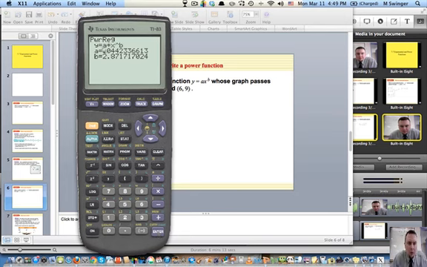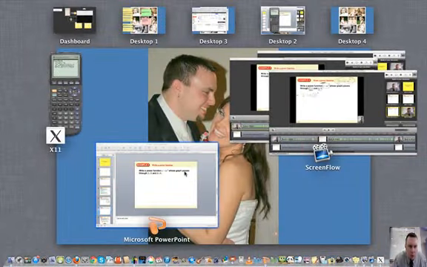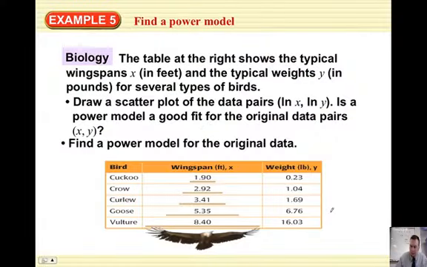Here's our power model: 0.044 and 2.87. So we found A equals 0.044, and it told us B equals 2.87.